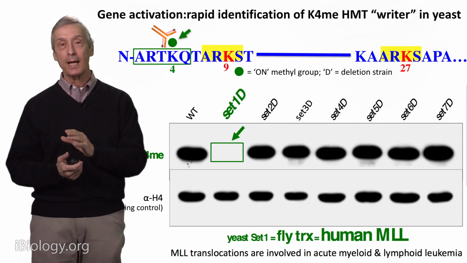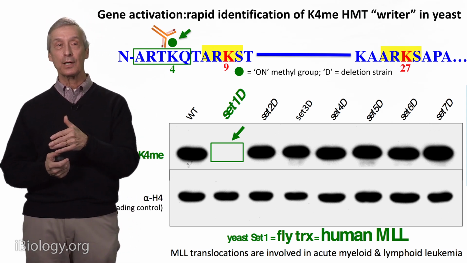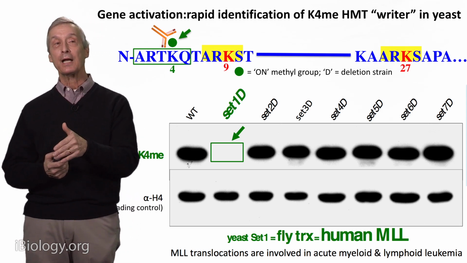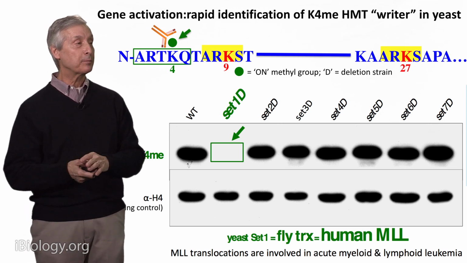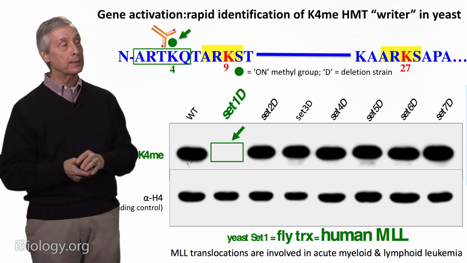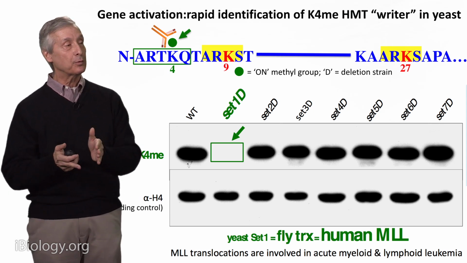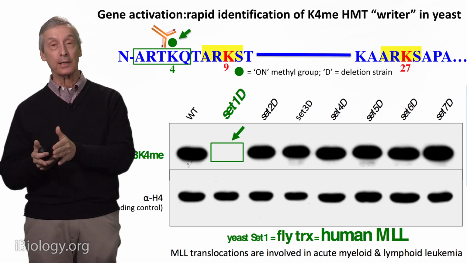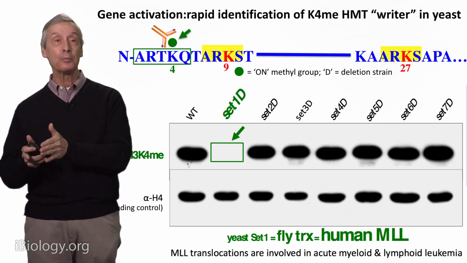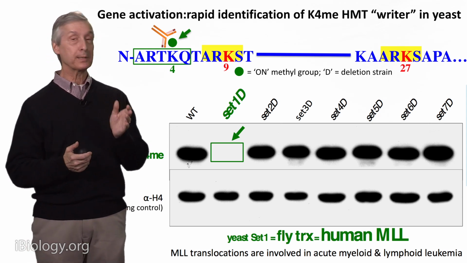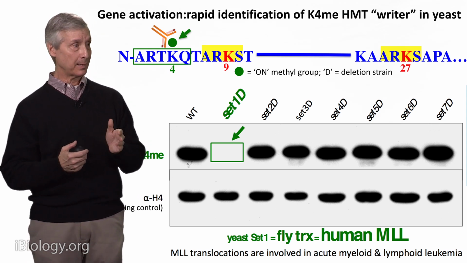What's relevant about that isn't just that it told us that's the writer that adds the K4 methyl mark. By computational inspection, we were able to determine that set 1 is equivalent to a fly gene known as trithorax, TRX, and more importantly, that's equivalent to a human gene known as mixed lineage leukemia, MLL.